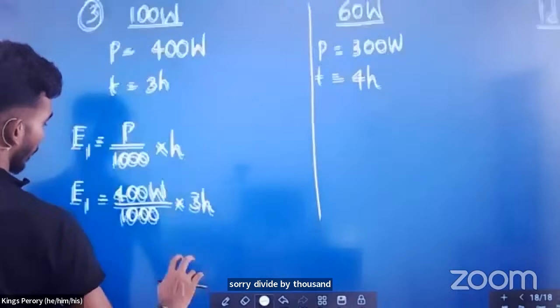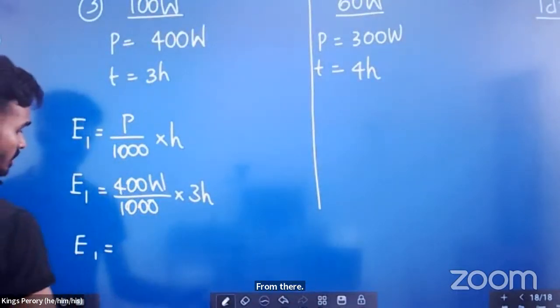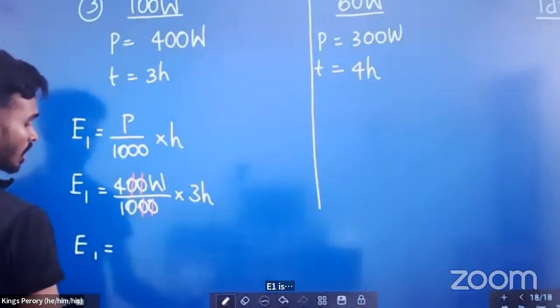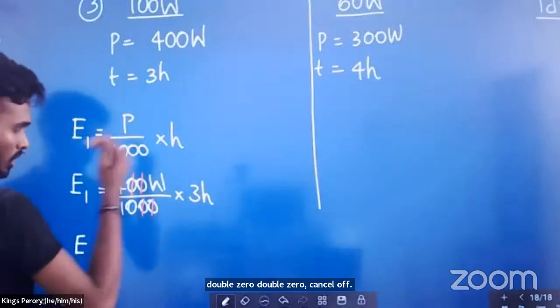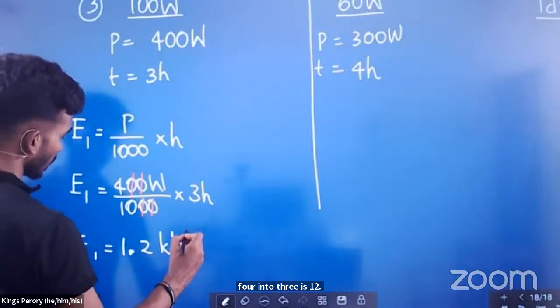The zeros cancel off. 4 into 3 is 12. 12 divided by 10 is 1.2 kilowatt hour.